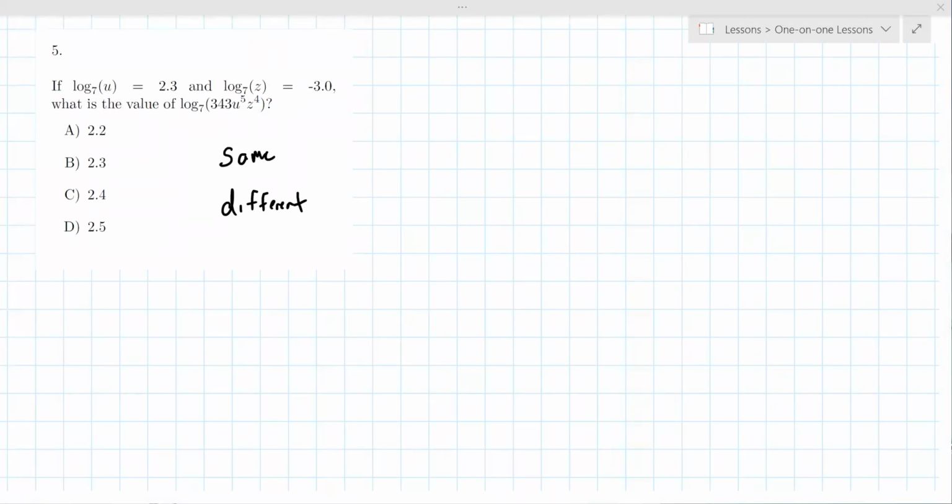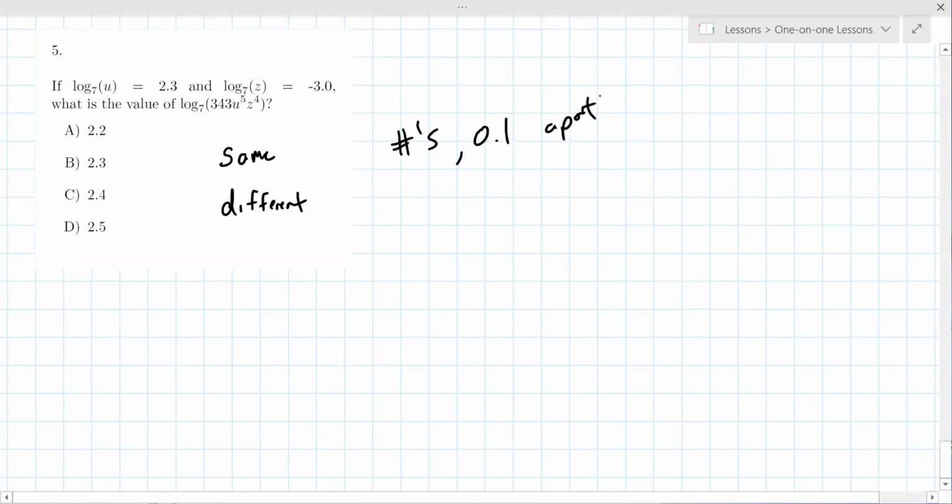Well, it goes in ascending order. Right, and they're all 0.1 apart. So they're all numbers, and they're 0.1 apart. So you better get the right answer, because guessing here, if you're not sure, it's going to be a problem. And somehow you get that from this given information here.